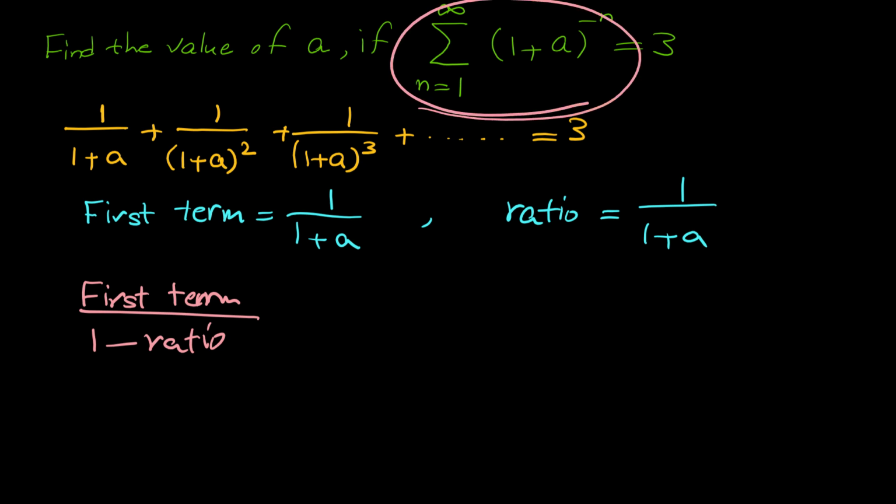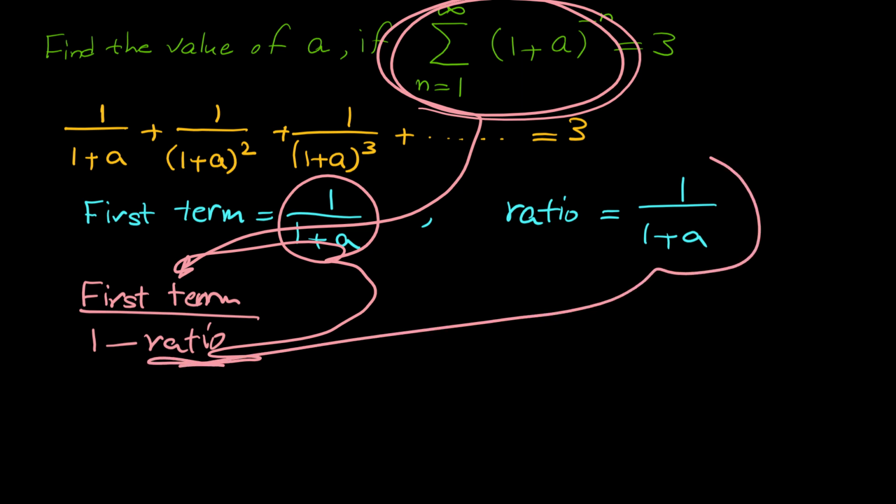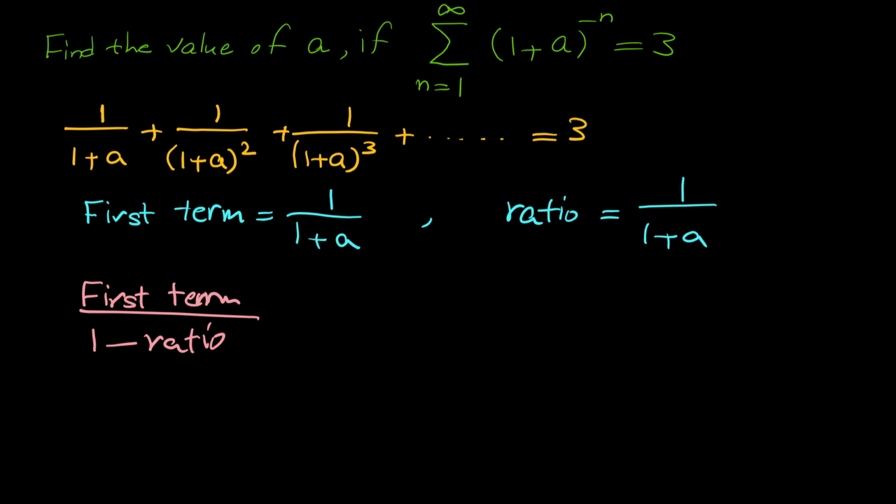So the sum of this geometric series is the first term, which is this, over 1 minus ratio, and it should be equal to 3. If we use this formula, the first term is 1 over 1 plus a, all over 1 minus the ratio, 1 minus 1 over 1 plus a, and this should be equal to 3.